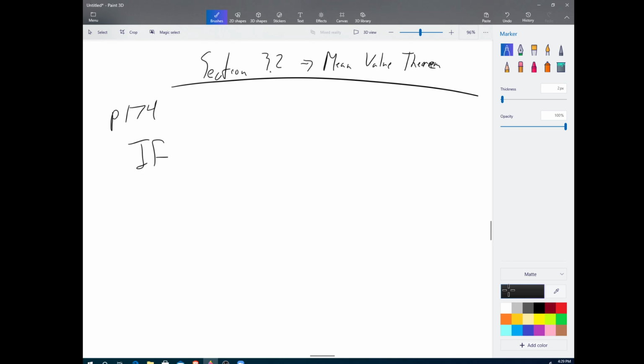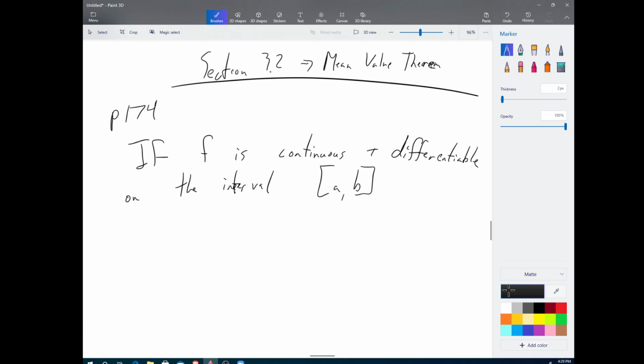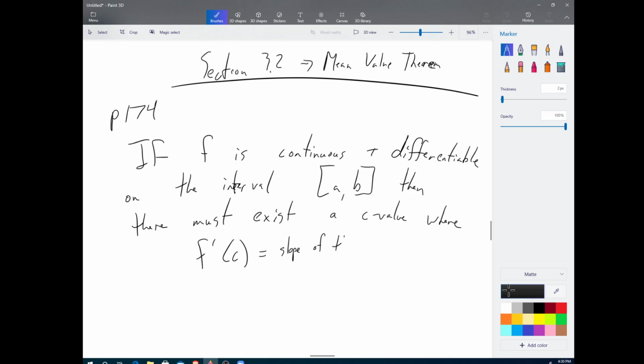And it basically just says, if your function is continuous and differentiable, and we'll talk about what that means, on the interval from A to B, then there must exist a C value where the derivative at that value is equal to the slope of the points found from our interval. Wrote that differently than in the book.